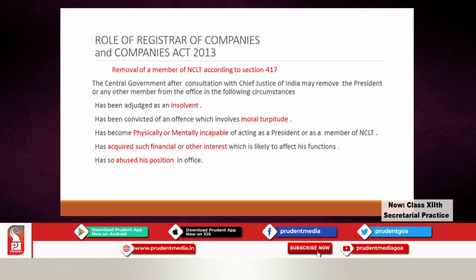Next, if he has become physically or mentally incapable of acting as a president or as a member of National Company Law Tribunal. Next, if he has acquired such financial or other interest which is likely to affect his functions. And last, if he has abused his position in office.